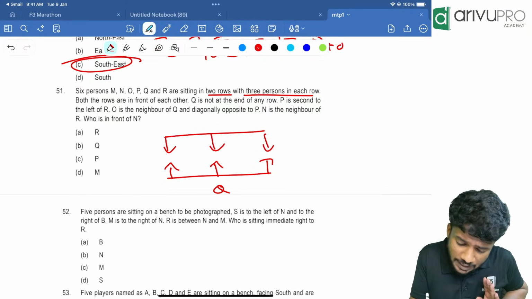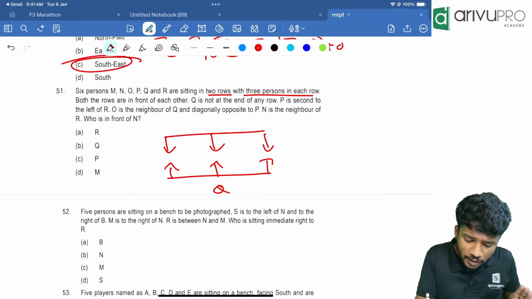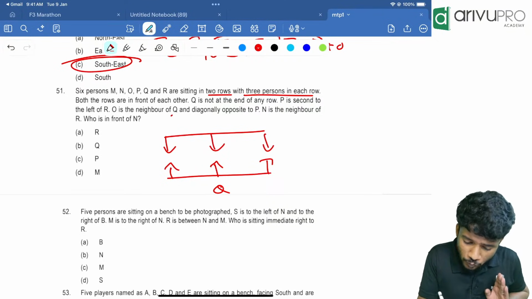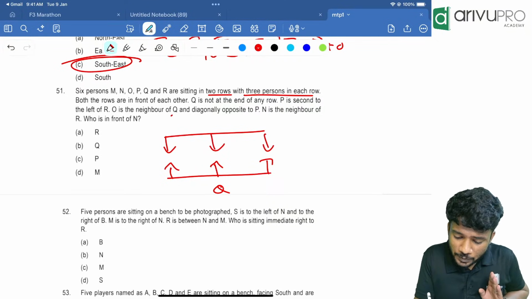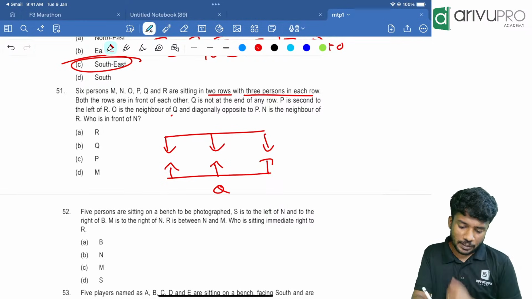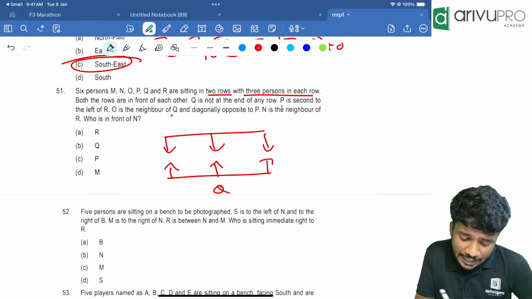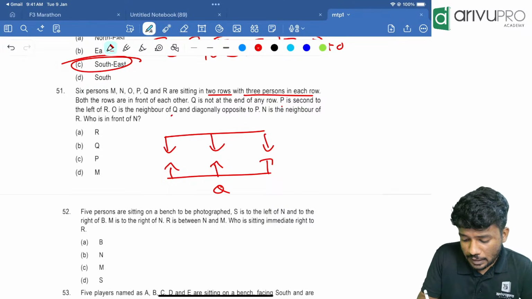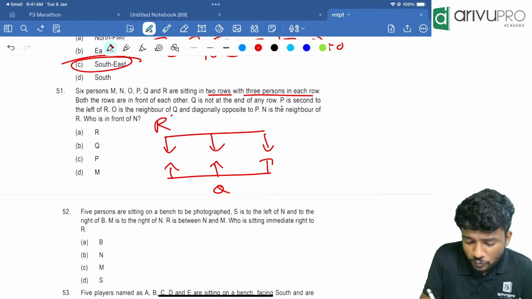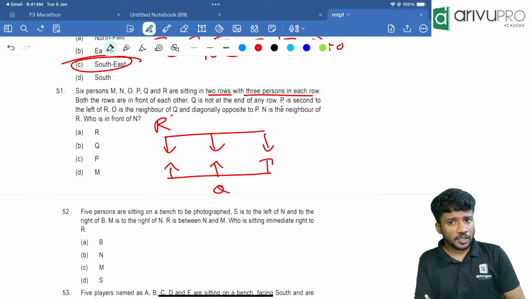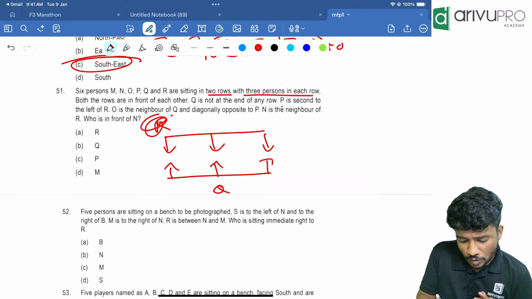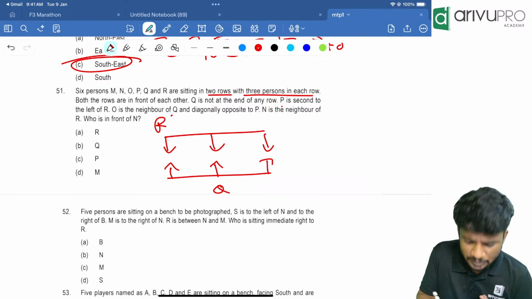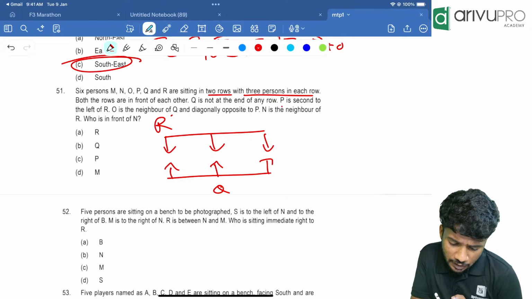Then P is second to the left of R, O is a neighbor of Q and diagonally opposite to P, N is a neighbor of R. Okay, P is second to the left of R. Now I am putting R over here. If R is over here, Q is where?